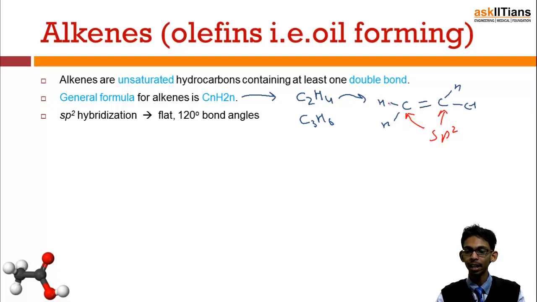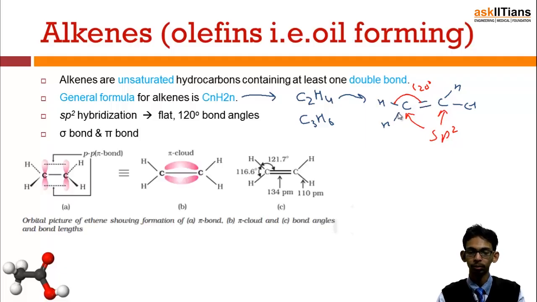And the angle between hydrogen, carbon and carbon bonds would be flat 120 degrees. They contain both sigma and pi bonds. So if we see here, this is a sigma bond, another sigma, sigma, sigma, and one pi bond. That means alkenes contain at least one pi bond.